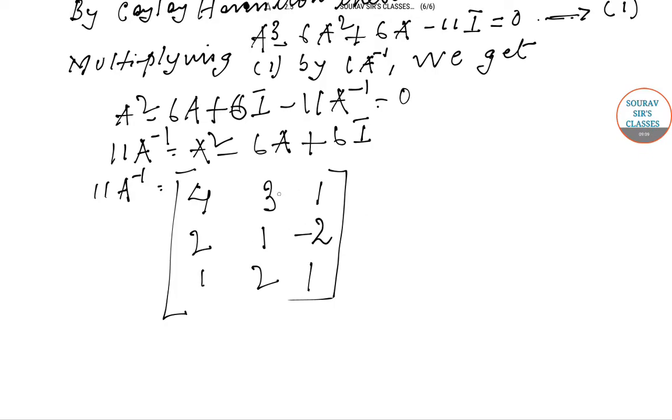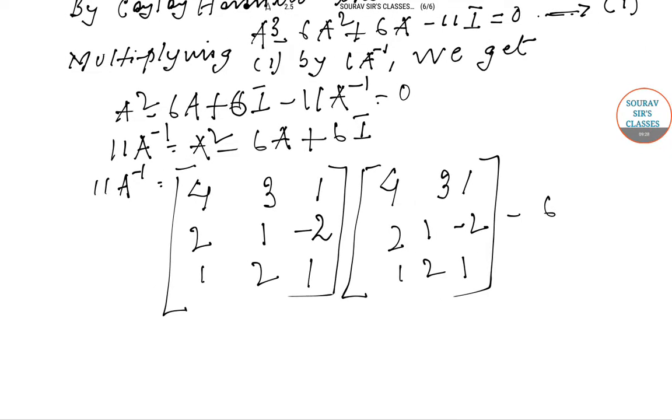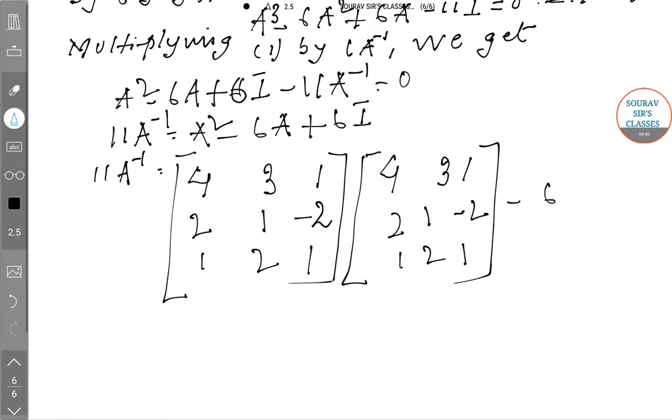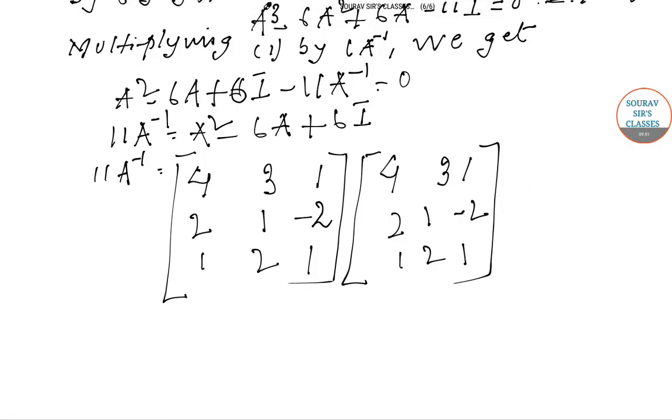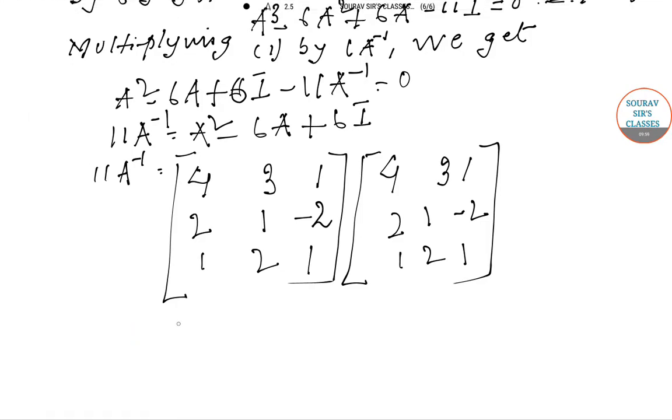It's A square, remember, so you need to have two matrices like this: 4 3 1, 2 1 minus 2, and 1 2 1, minus 6 into A. So what is A?